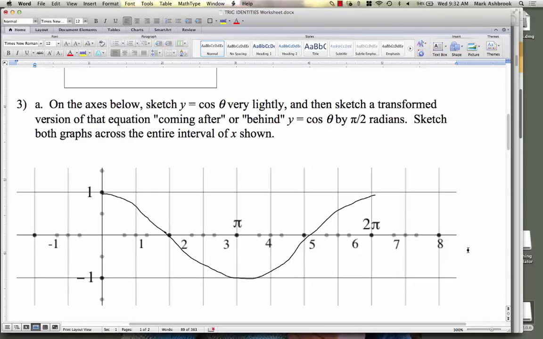And now let's sketch if it was coming after or behind by pi over 2. I'll do that in blue. So then at pi over 2, where would it be? If we want a different graph that comes behind this one by pi over 2. So am I going to do pi over 2, I'm going to go here, or am I going to go here if it's behind? A or B? B, starting later, coming behind.